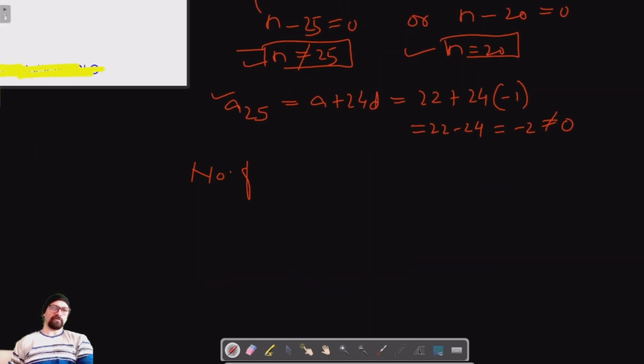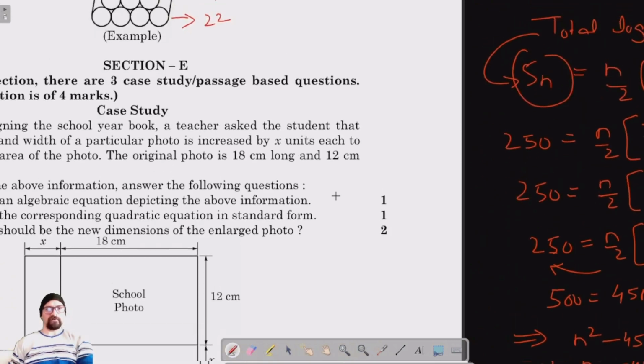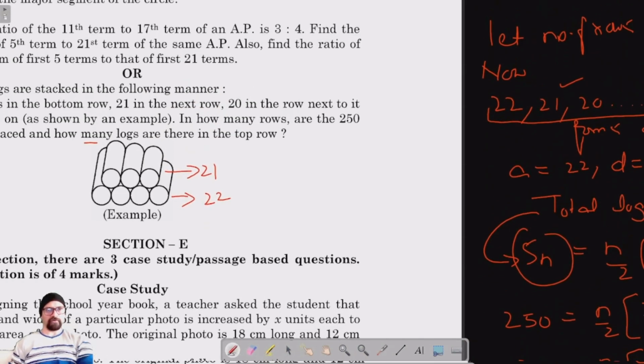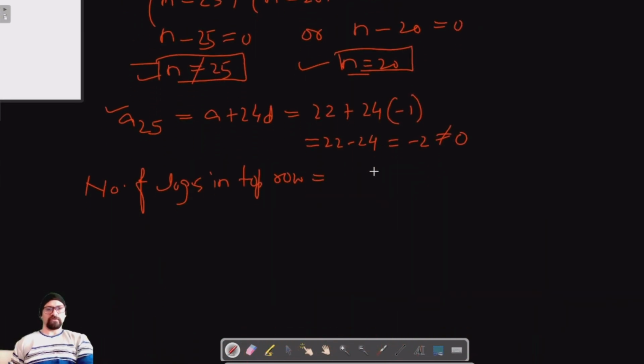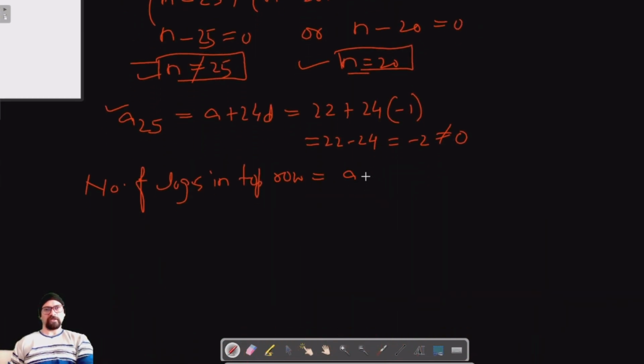That means the number of rows is 20, and we need the number of logs in the top row. The top row is the 20th row, so this is a plus 19d.